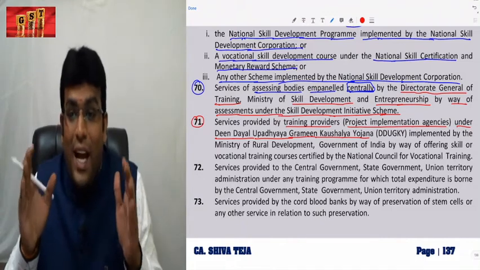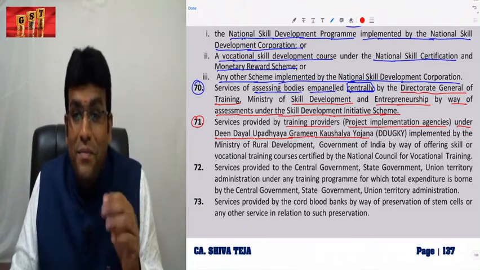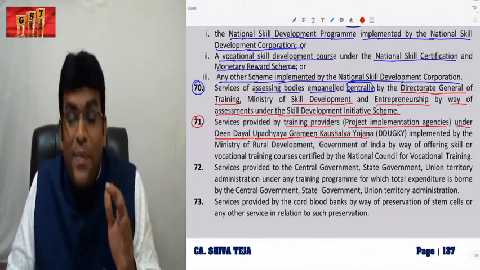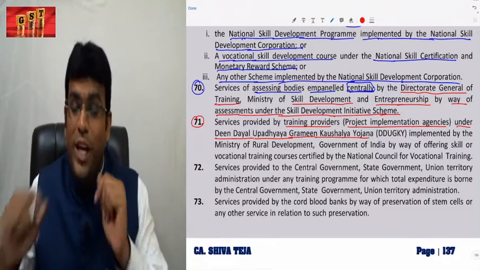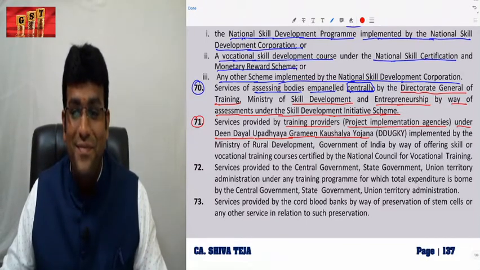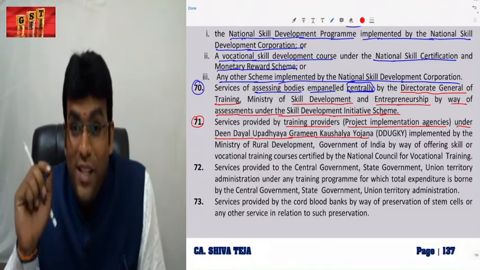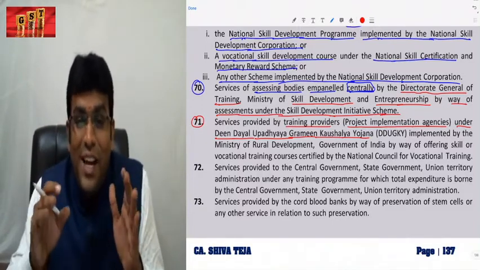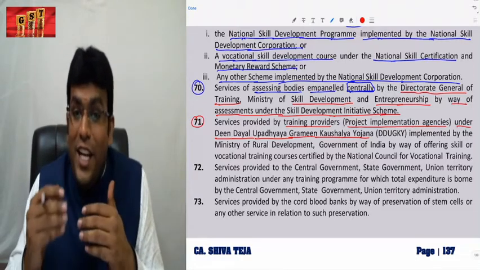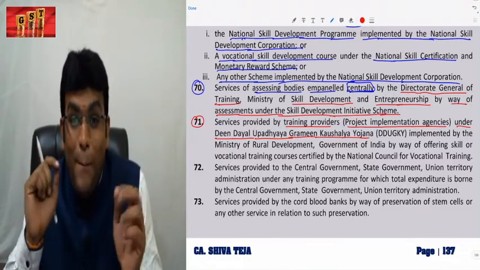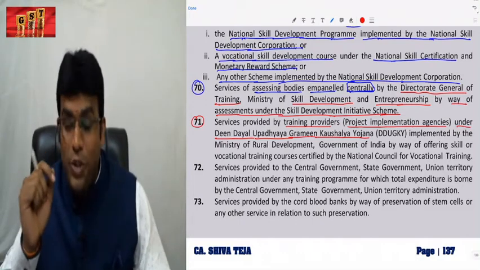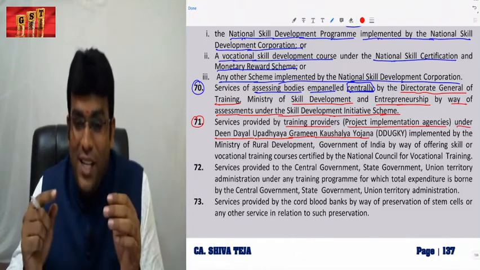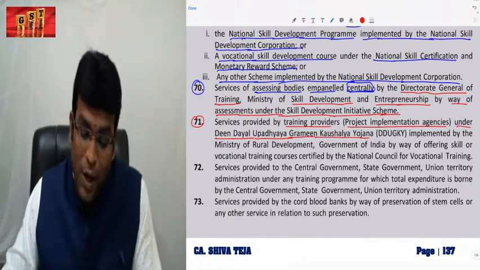So basically under the scheme, they are training the tutors, my dear friends. Otherwise, this scheme is basically like a teacher development program, basically for development of tutors or teachers in villages or rural areas. See that now, come on.